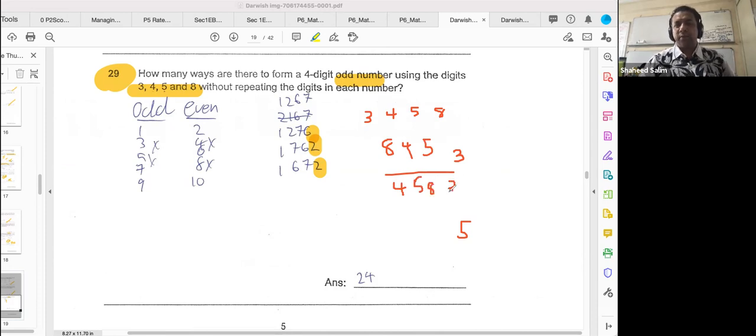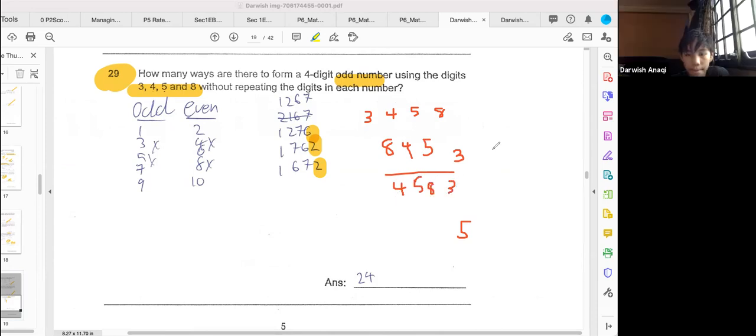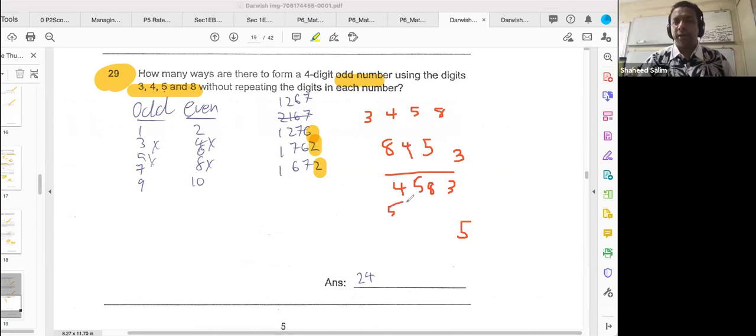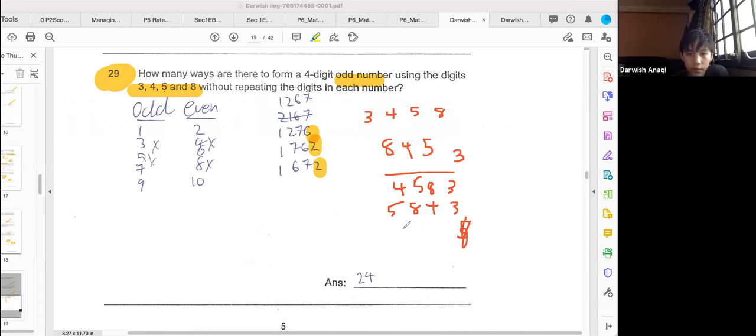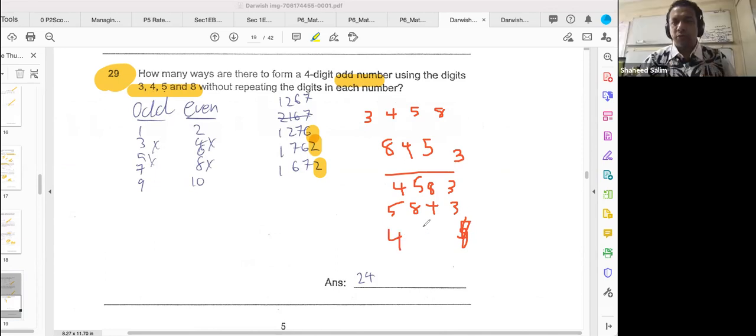Some more. 5, 8, 4, 3. Okay. Any more? With 4, ending 8, with 3? 4, 8, 5, 3. Okay. So can you try this again? How many can you get?